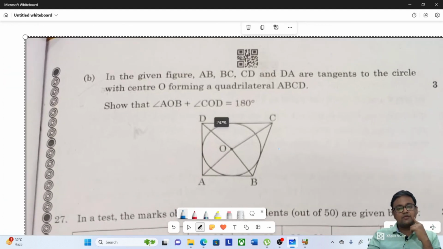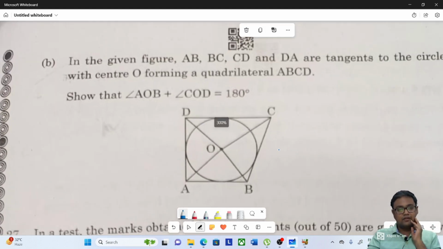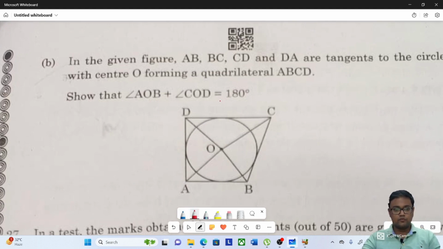Okay, ABCD is a quadrilateral here, and you can clearly see, children, we are supposed to show that angle AOB plus angle COD is supplementary. That is, their sum gives you 180 degrees. It is quite simple, children. It is directly from your NCERT, and in this question, what you are supposed to do is drop this radius on this tangent, 90 degrees, you know, right?